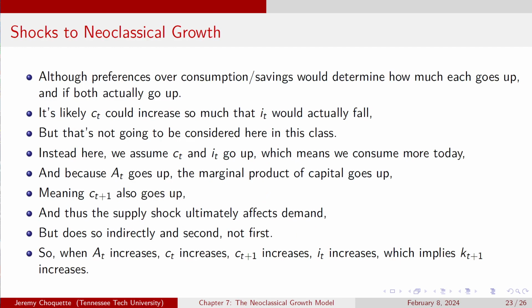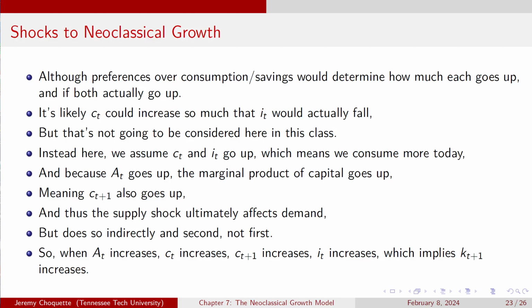Now, the preferences over consumption and savings would, like I said, determine how much each goes up if both actually go up. But it's likely C_t could increase so much that I would want to fall. But we're not really going to be considering that in this class. Instead, I'm just going to assume C and I both go up.